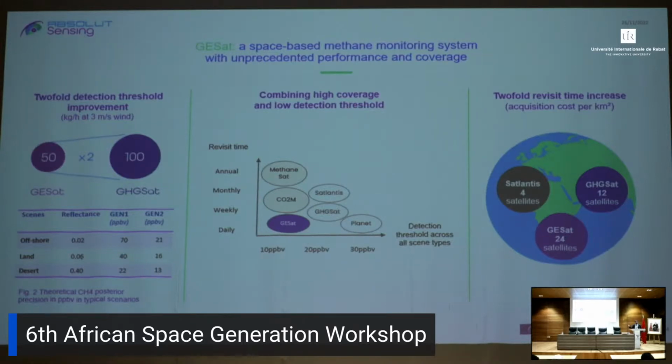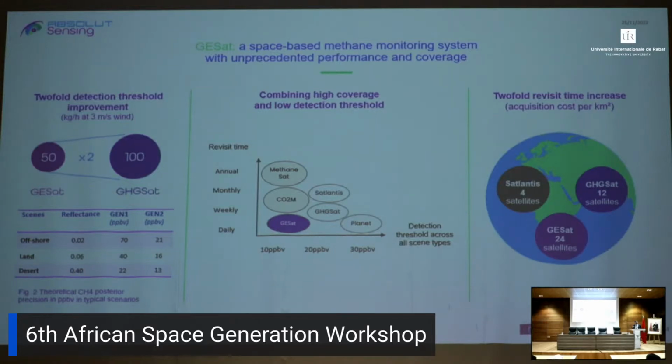So all of those, the detection threshold is obtained with this breakthrough that we've been able to achieve on the sensor technology. So that's what you see on the left-hand side. And importantly, the little tab below is you need to be able to detect small leaks regardless of the scene you're looking at. So when you're looking at methane, and all gases, you're essentially looking at sun reflectance.